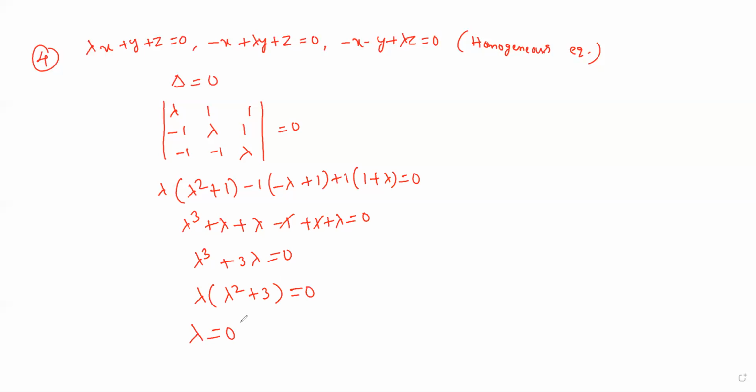Now lambda equal to 0 is possible. But lambda square plus 3 equal to 0 is not possible, the reason is that we never get a real number, we will get an imaginary number. That's why this is not the required value of lambda, but lambda is equal to 0. That is option A is the correct one.